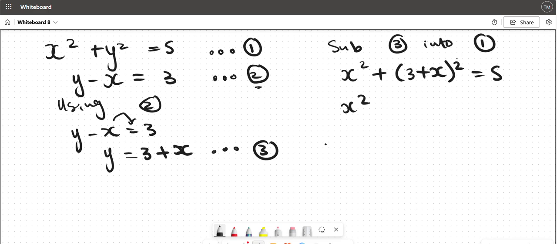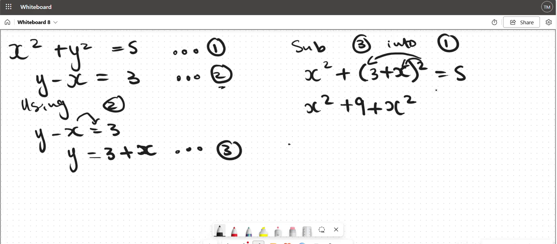A quick way of doing that is you square the first guy, you get a 9. You square the second guy, you get an x squared. You times them together, you'll get a 3x, because 3 times x is 3x. And then once you've timesed them together, you times it by 2, you double it, so 3x times 2 is 6x.